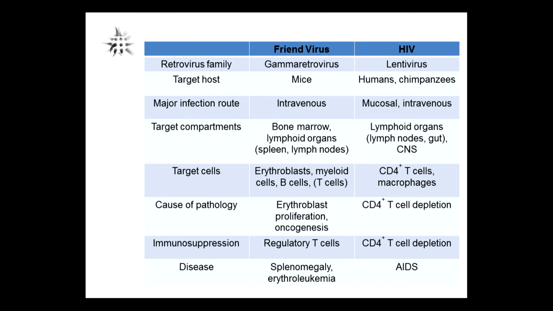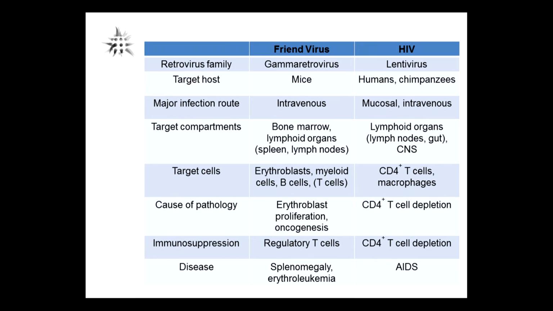The Friend virus is a gamma retrovirus. It also causes persistence in the target cells, which here are erythroblasts, myeloid and B cells, and to a lesser extent also T cells, while in HIV you see CD4 T cells and plus minus macrophages. The compartments impacted by Friend virus are the bone marrow and the lymphoid organs, while in HIV we predominantly see effects in the lymphoid organs and CNS.